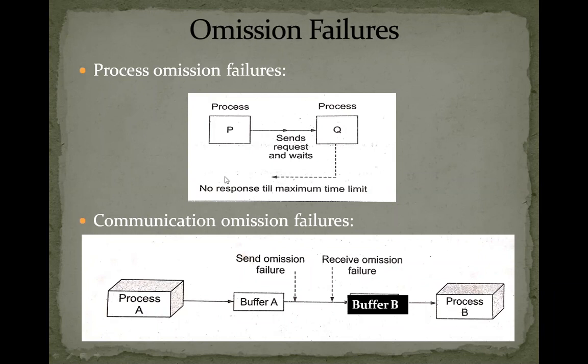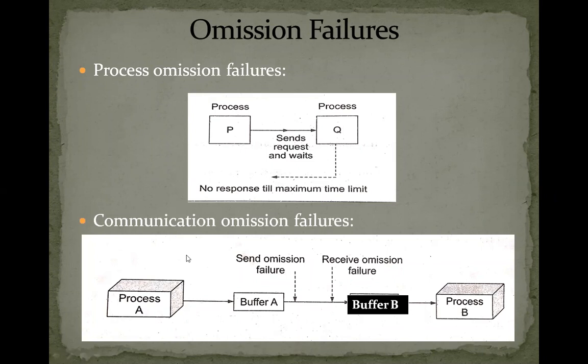If after a certain time, which is the maximum allowable time, that is the timeout, there is no response received from Q, then P concludes that a fail stop crash has occurred at the process Q.